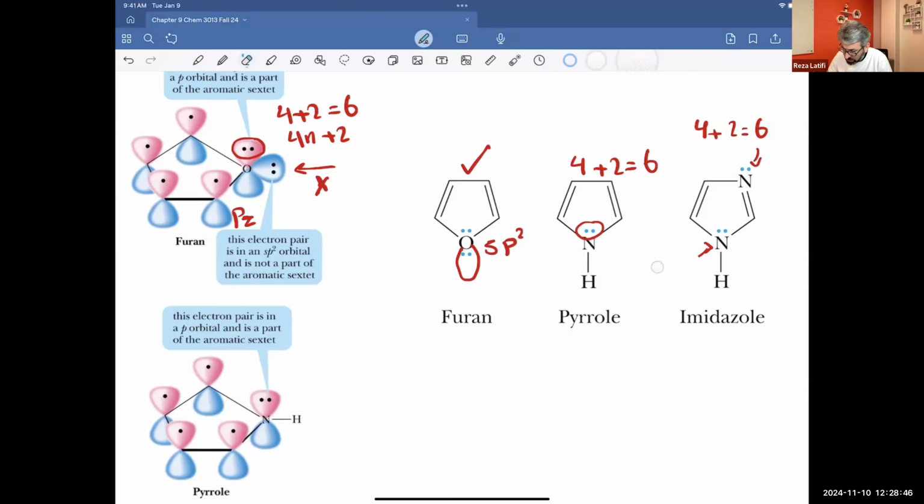But how about this? Let's use this lone pair and add it. So we get 4 plus 2, we get 6. Now, what should I do with the second lone pair? That lone pair will be perpendicular to the ring. It will be outside of the ring, and because it's outside of the ring, it will not be involved.